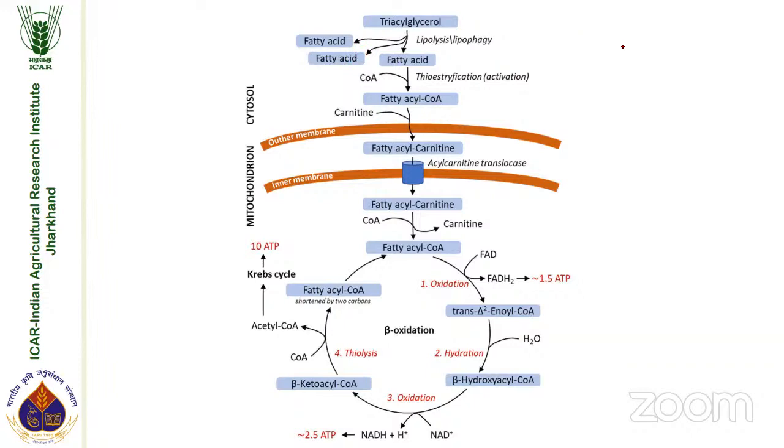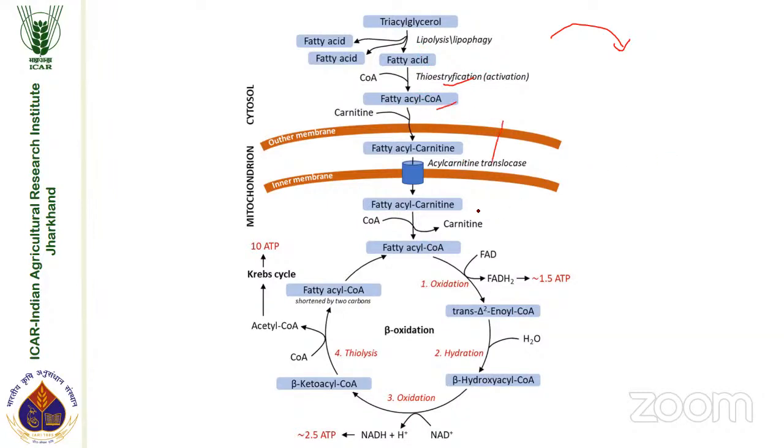Glycerol will directly enter into the glycolytic pathway with the help of glycerol kinase, and this fatty acid will enter into beta oxidation.